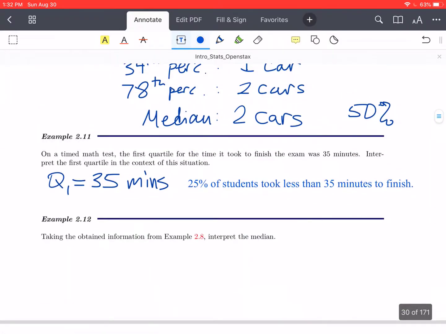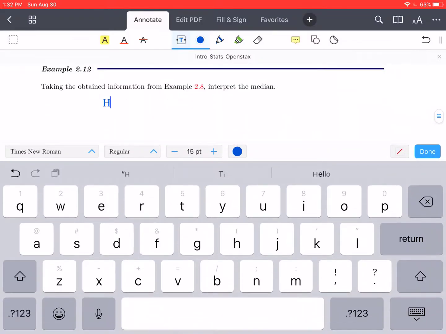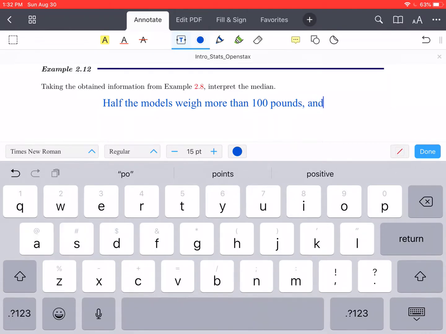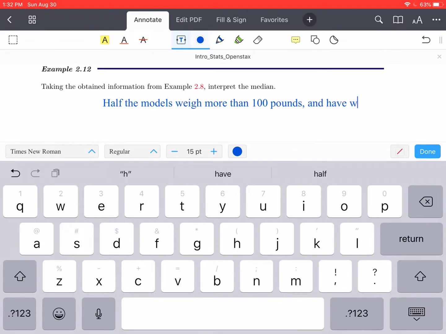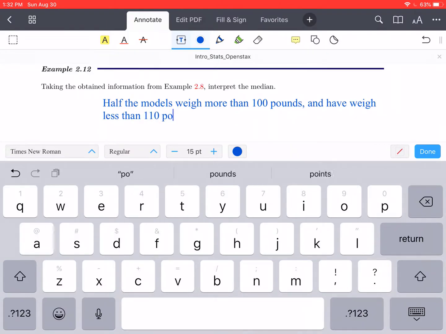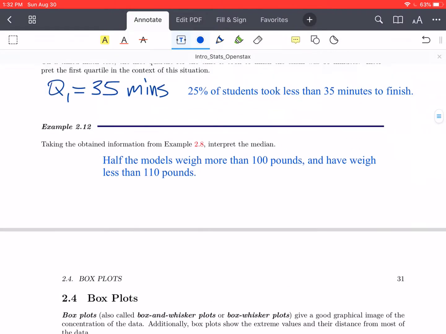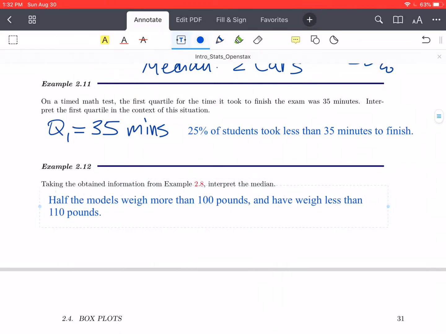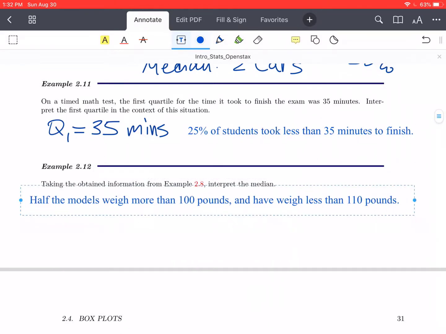So that means that half the models weigh more than 110 pounds, and half weigh less than 110 pounds. That's what the median tells us.